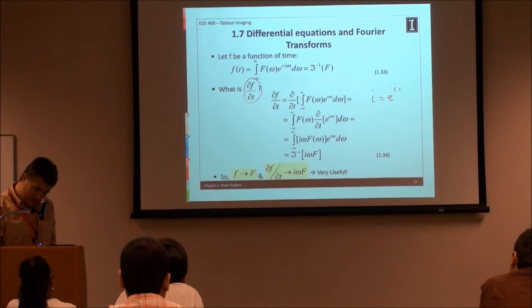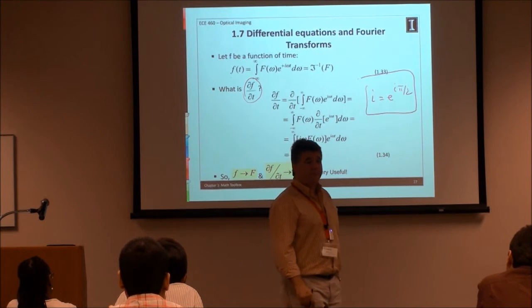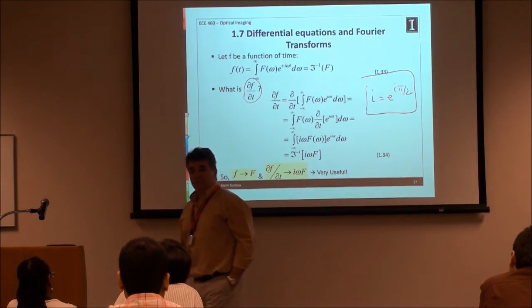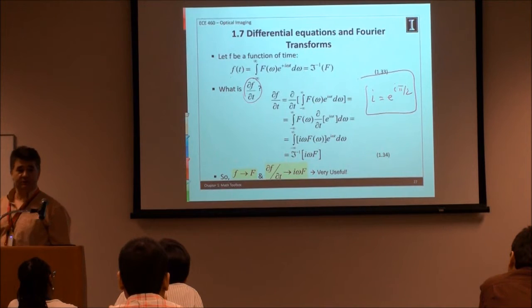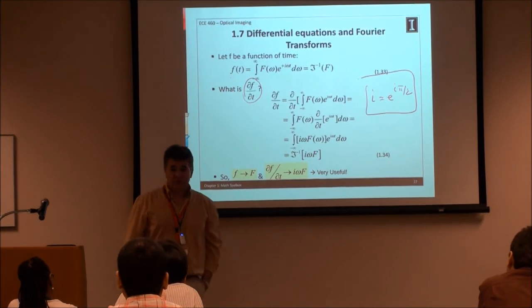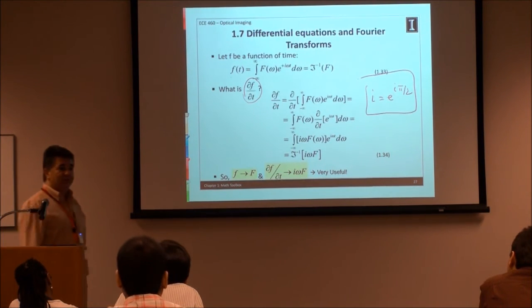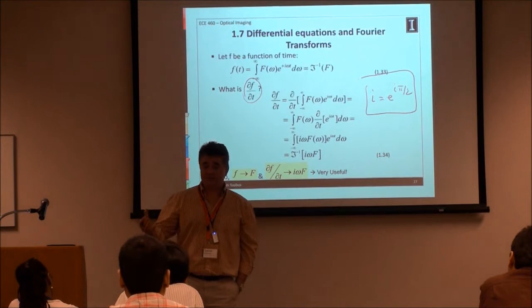It's e to the i pi over 2. So it's a pi over 2 shift. Okay, that's very important. That pi over 2 makes all the difference in linear systems. Makes the difference from dissipating your signal to conserving your signal, for instance.